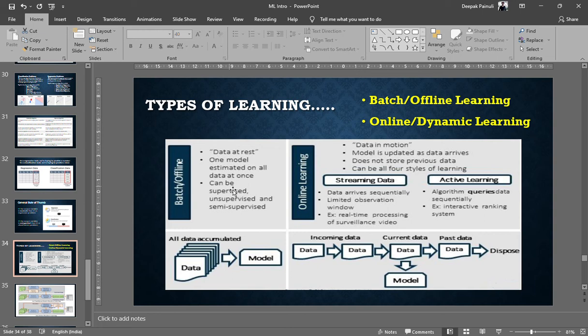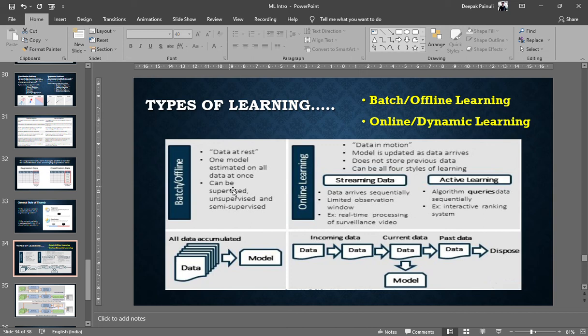Or we can say an active learning algorithm queries data sequentially. Like if YouTube has some query databases where the data are coming in online on a regular basis, online learning can be applicable in that case also, right guys?